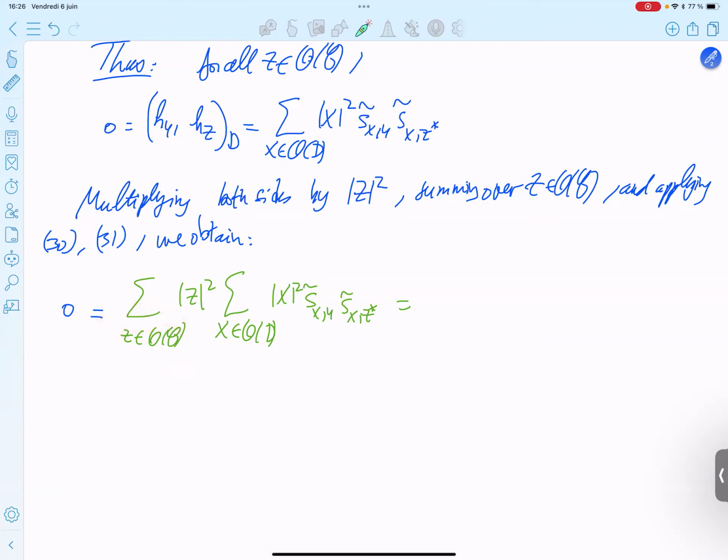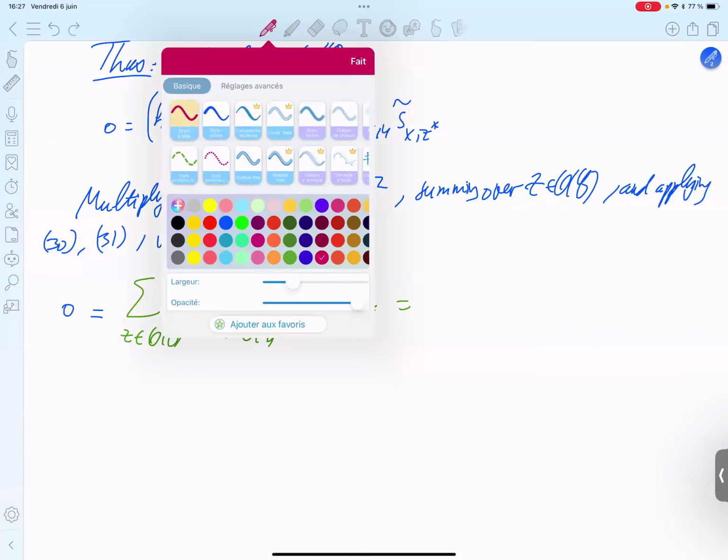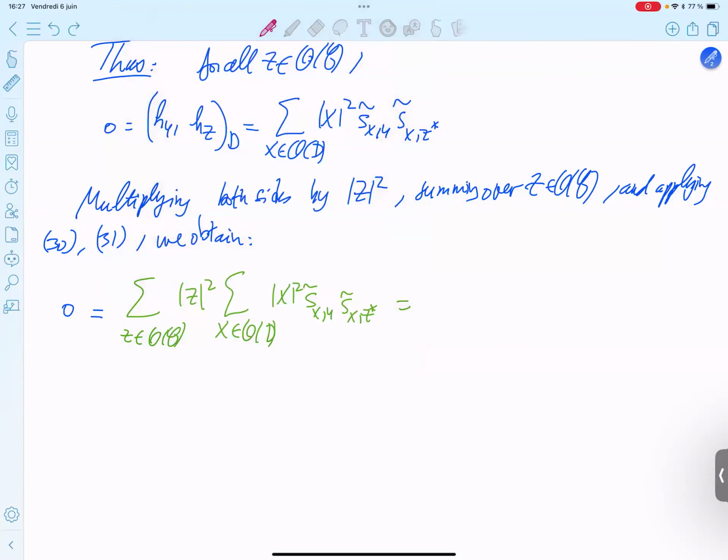If you replace z by z star, it is invariant. And we know that the square norm of z star equals the square norm of z. So, change of variable z to z star.